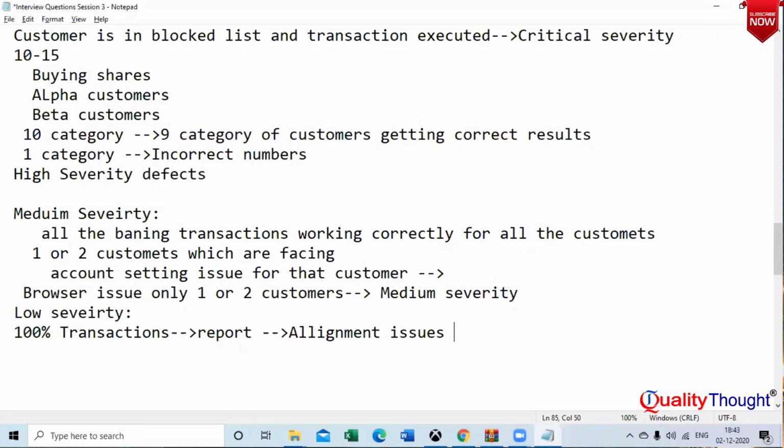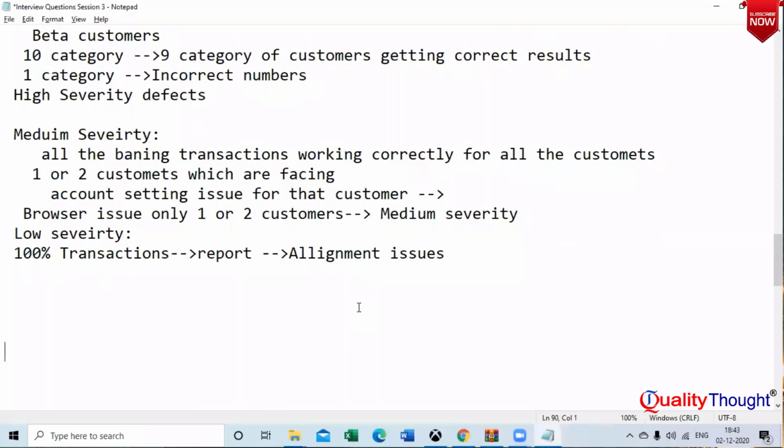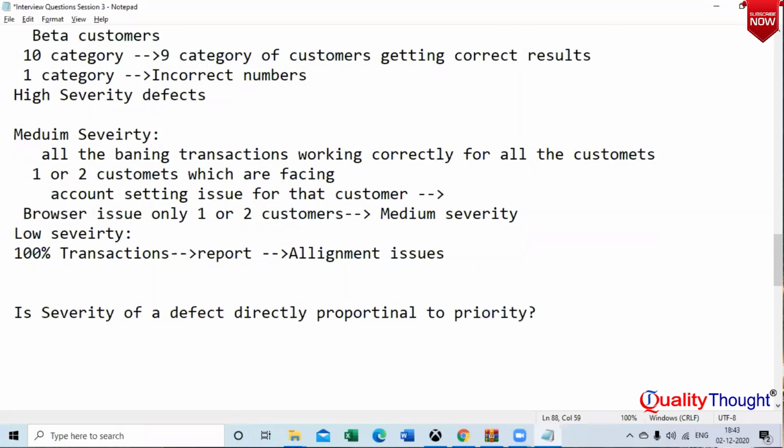In one of the interviews, the question they asked me was: is the severity of a defect directly proportional to priority?